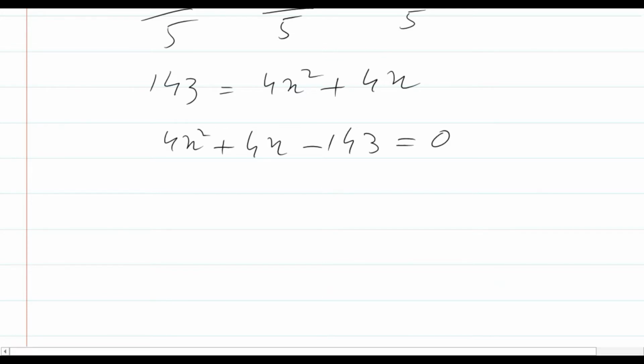Here a is equal to 4, b is equal to 4 and c is equal to minus 143.